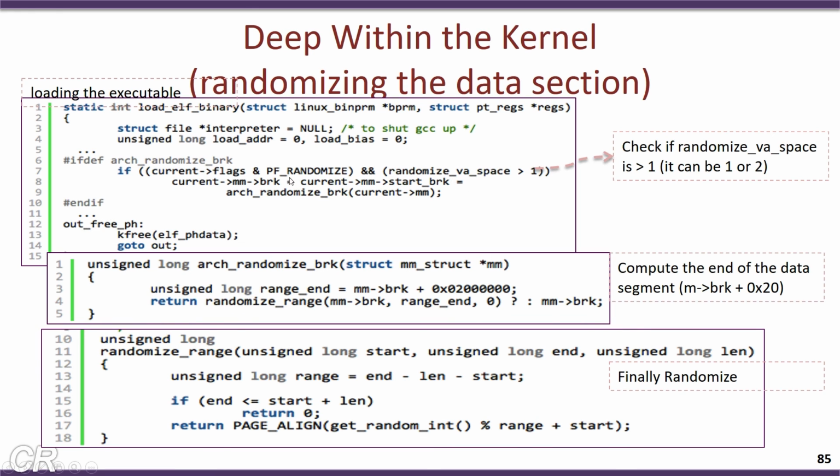So if ASLR is enabled on this system, we invoke this particular function arch_randomize_brk, which is present here. What this function does is invoke randomize_range, which returns some particular random address. This random address is then returned here, and at this random address is where the library is loaded.